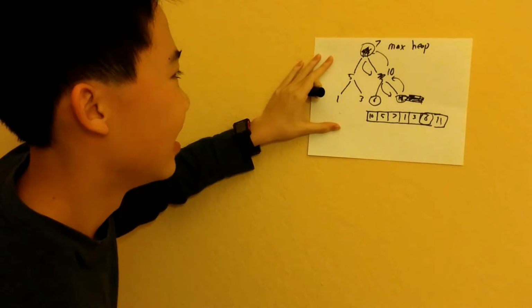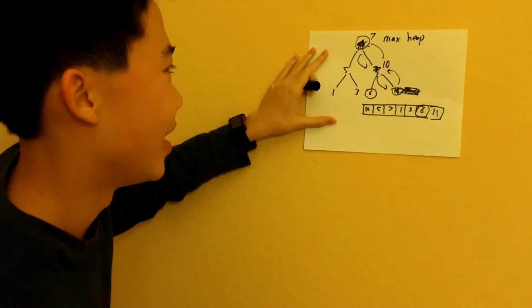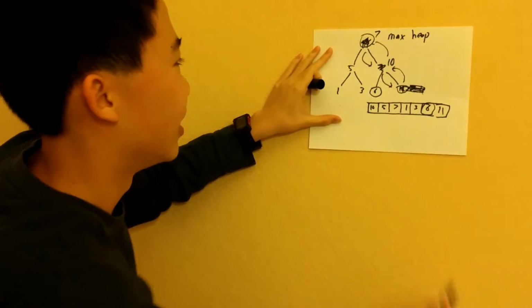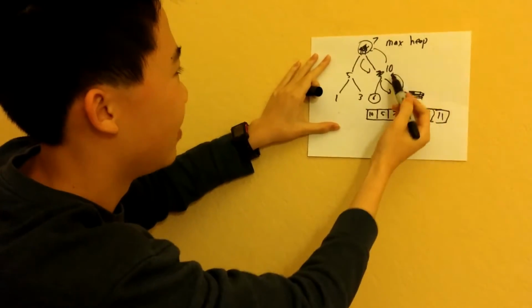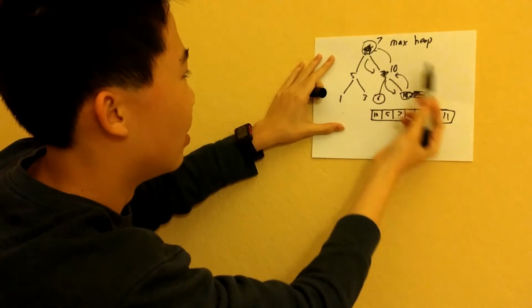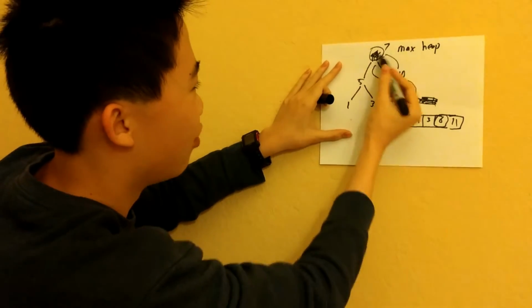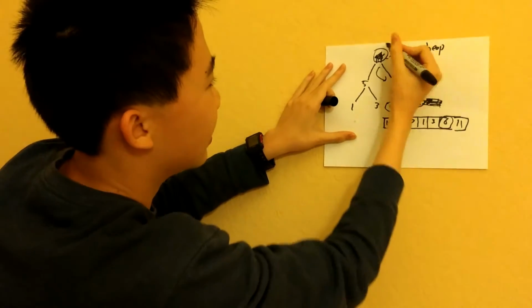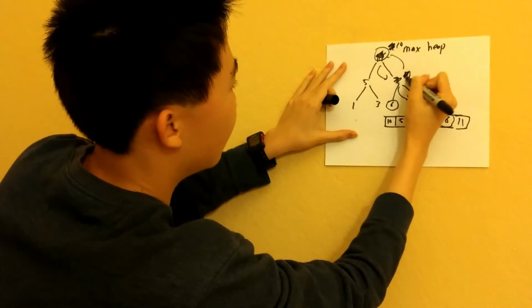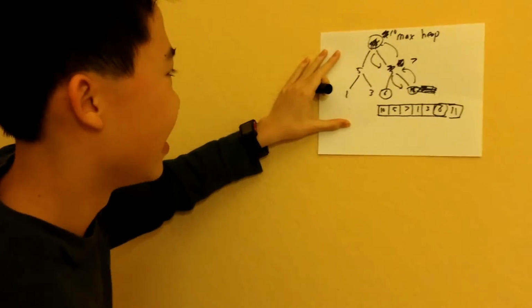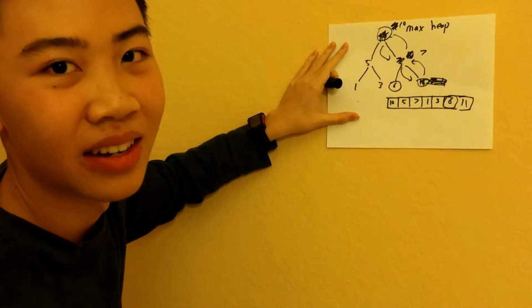Right? And then you reheapify down to the base. Since this is a max heap, we want the greater element to be at the top, right? So instead we have 5 and 10. But since 10 is greater than 5, we reheapify this way. So then we swap 10 and 7. And then the heap property is satisfied again.